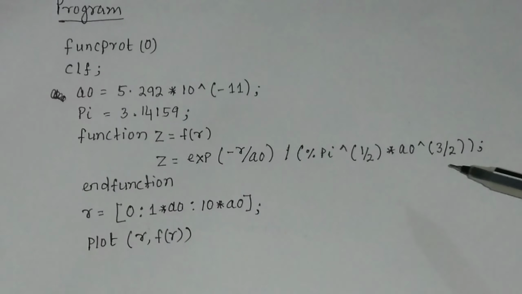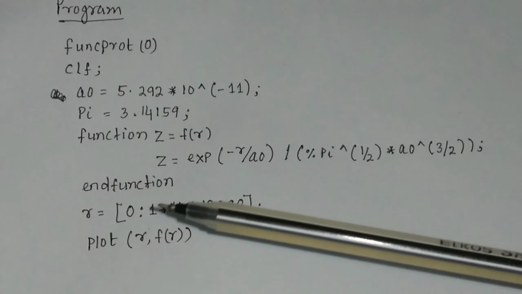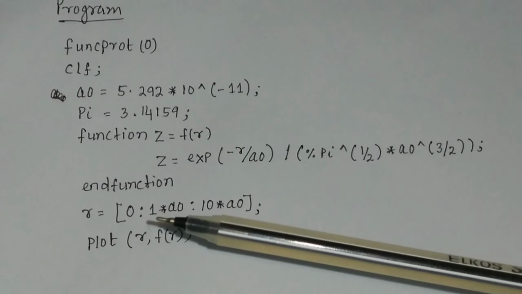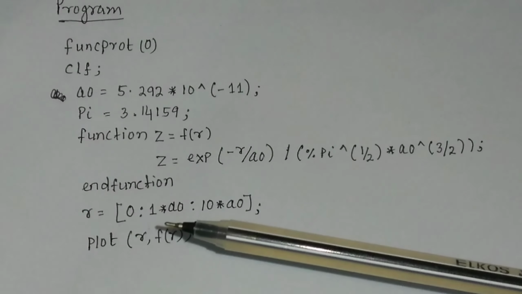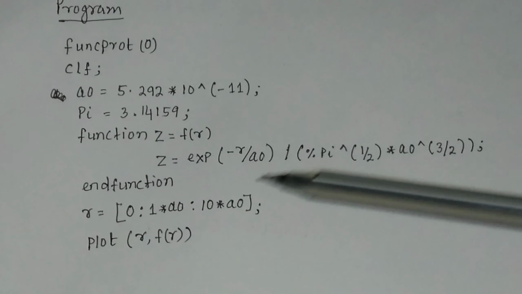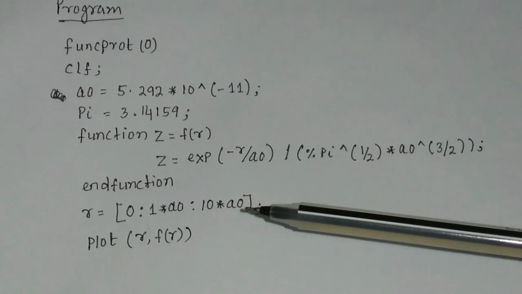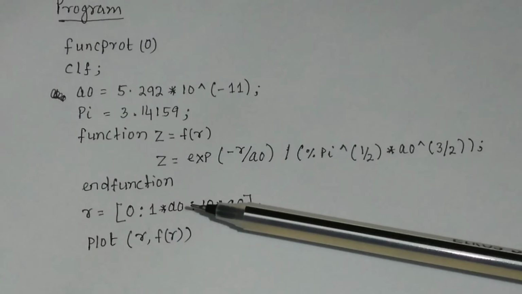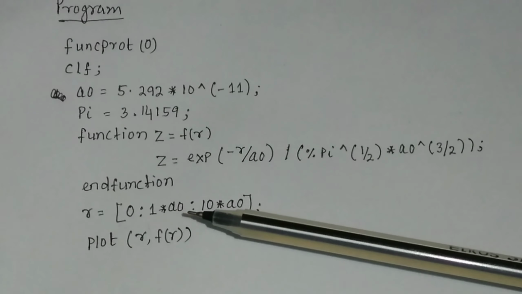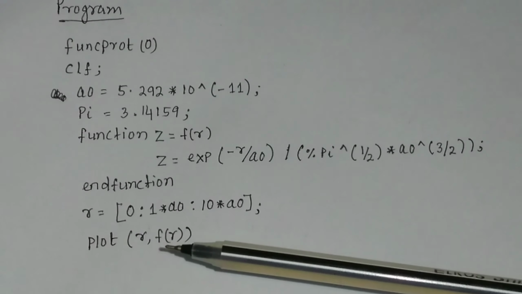Here it is 3 by 2, then end function, and the range of r, I have taken here from 0 to 10 into a0, and the increment is 1 into a0, and you have to plot the 2D function between r and f(r).